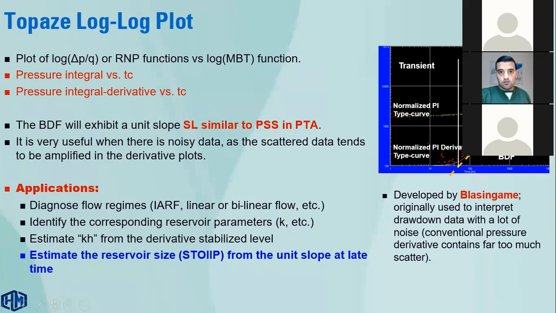Once we have just straight lines, in this case we have boundary dominated flow, so it will be used to calculate the reserve of our reservoir. And the data of this region, or transient flow region, will be used to calculate reservoir properties like reservoir permeability and skin.